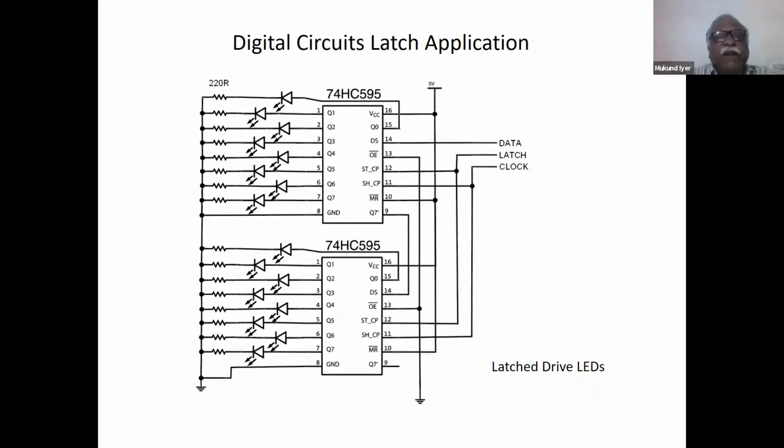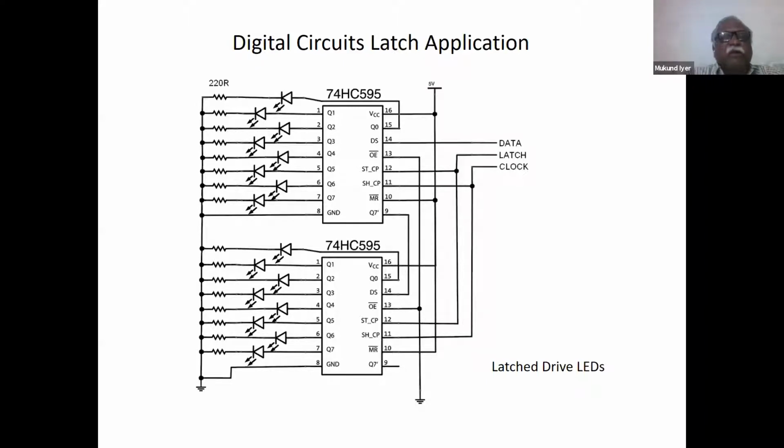It takes in the clock and the different outputs will be latched. So it is basically multiple latches. There are about 8 D-type latches inside, interconnected in such a manner that we can connect the ICs one after the other. Here we show only 2 stages of the IC. We can add a couple more and have n numbers of them.